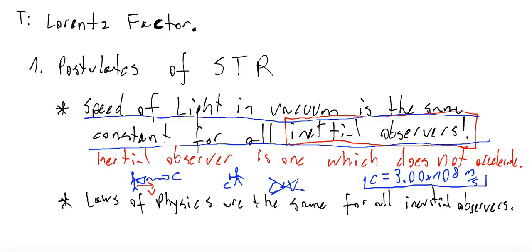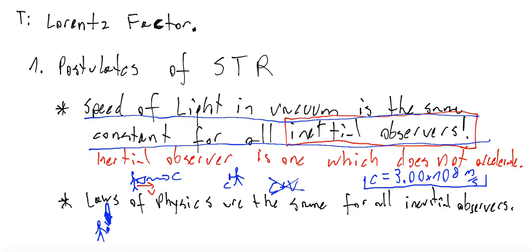Let's imagine that there is a person, observer A, who has a ball in his hand, and he throws the ball vertically upwards. Of course, if the ball is thrown perfectly vertically upwards, it goes up, turns back, and returns to the hand of this observer.